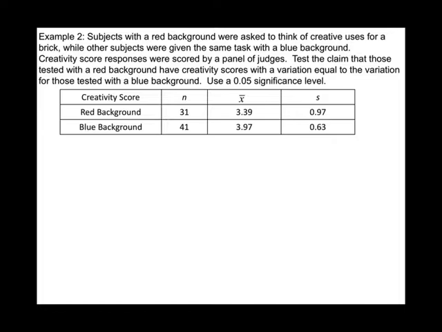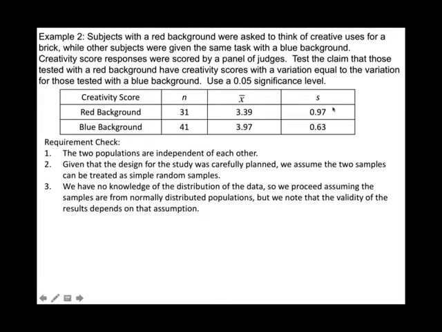Use a 0.05 significance level. Okay, you guys can see the table here, and they give the sample size, sample mean, and also the sample standard deviation. Okay, we could check the requirement here.